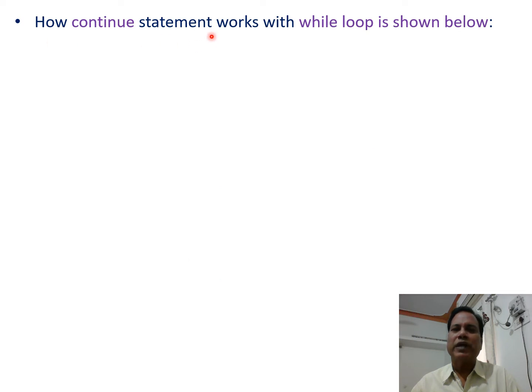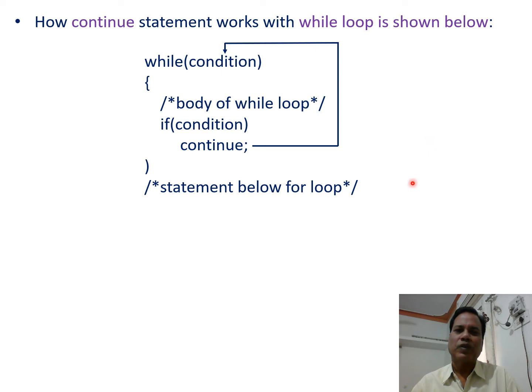How continue statement works with the while loop is shown below. So in case of the while loop, whenever the condition is satisfied for execution of the continue statement, control goes to check the condition of the while loop, skipping anything written in the body of the while loop.